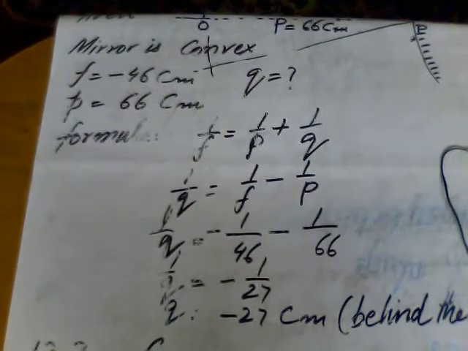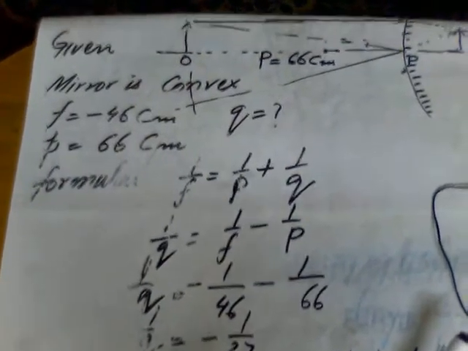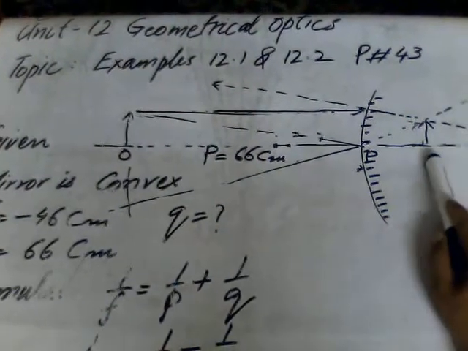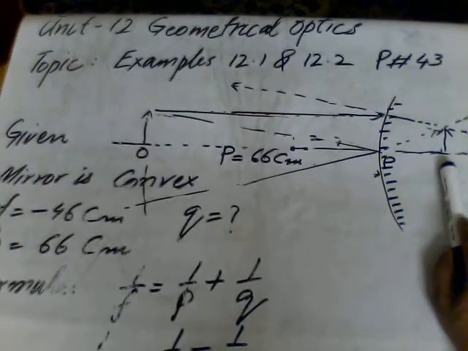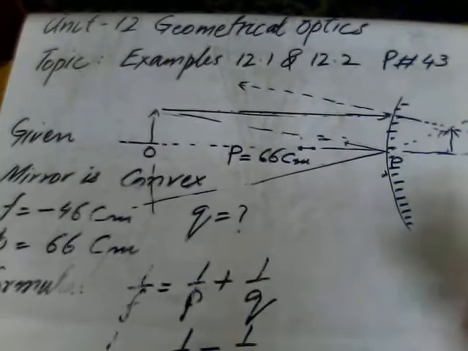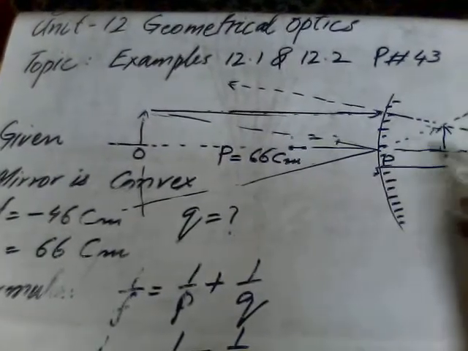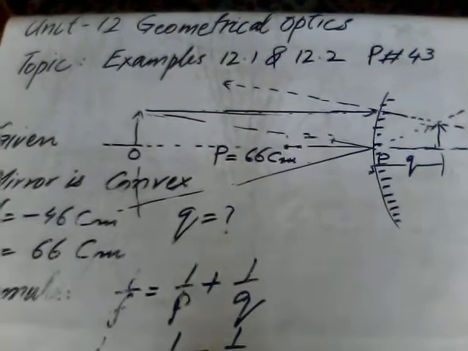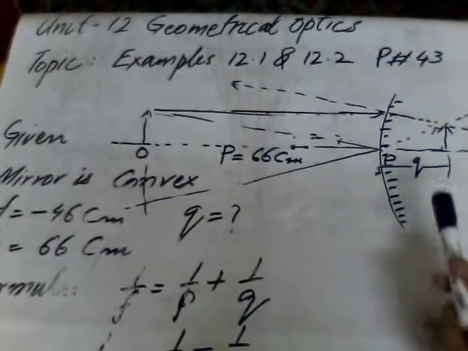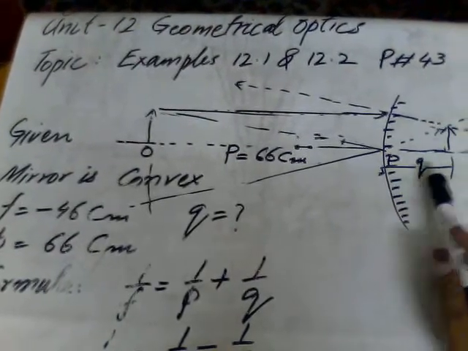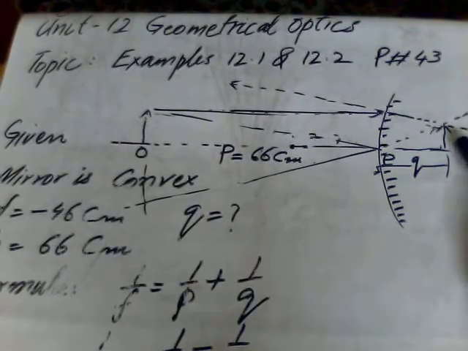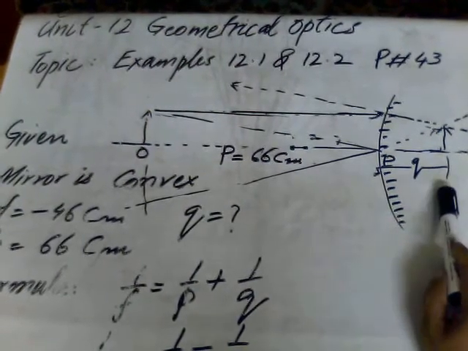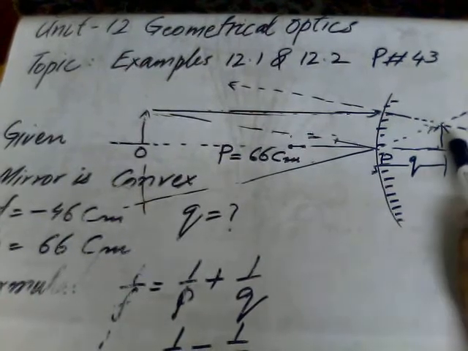Here, the minus sign represents that the image will be formed behind the mirror, and this distance is our Q, meaning the location, the distance from the mirror. If you observe the figure, two things: the image is formed behind the mirror, and it's upright.